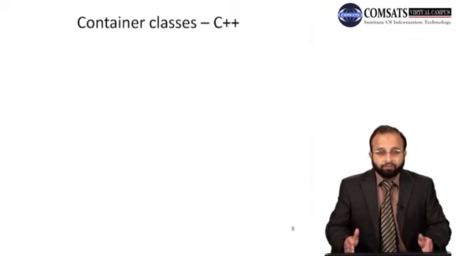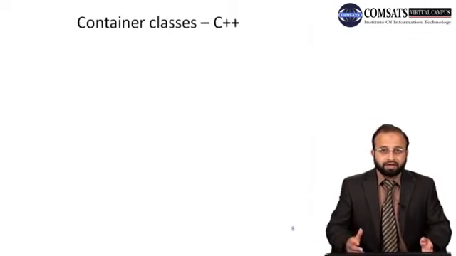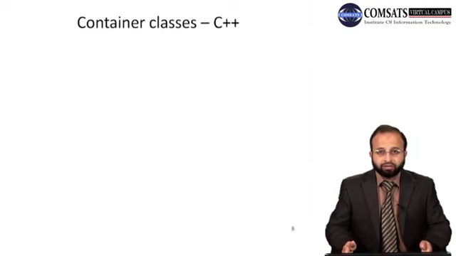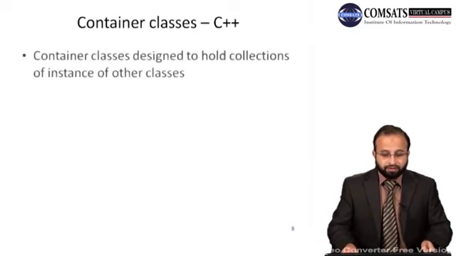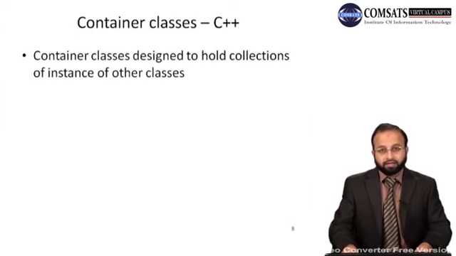So from the real world we have observed that a container is basically an object that contains objects of other classes, right? So in C++, a container class is designed to hold a collection of instances of other classes.